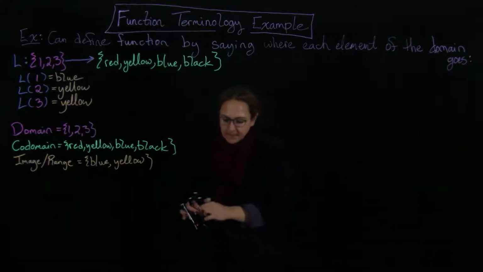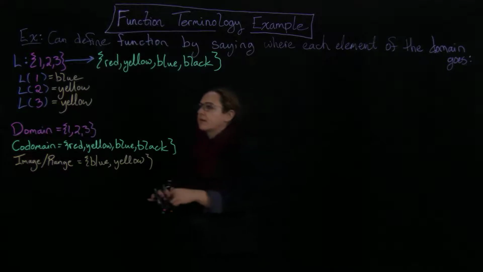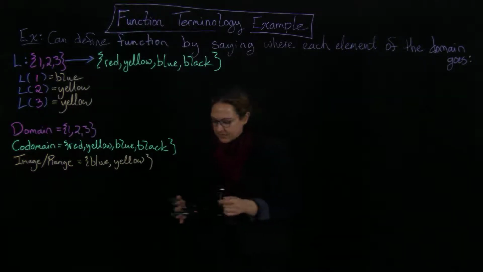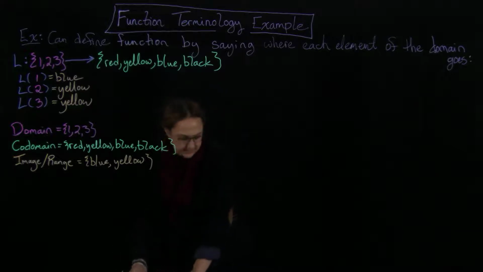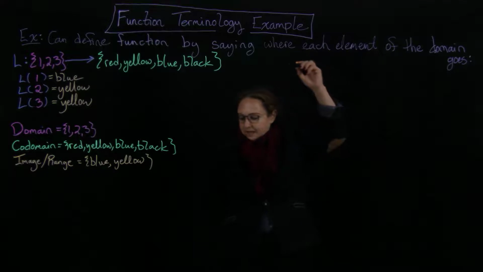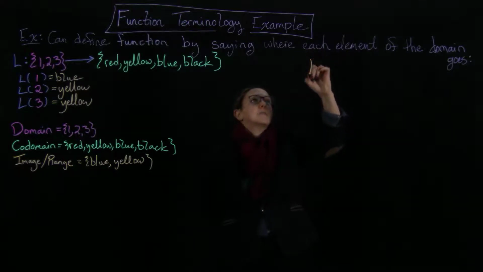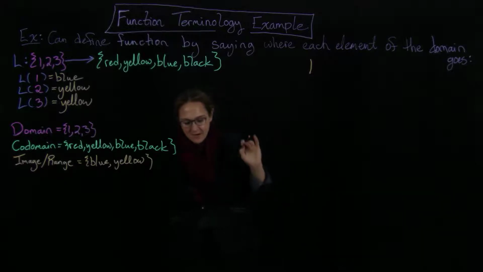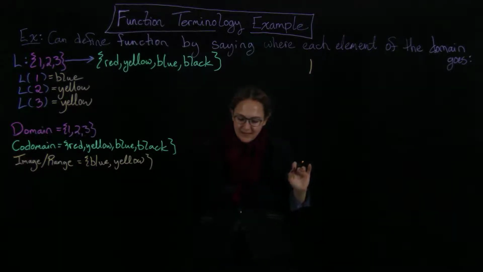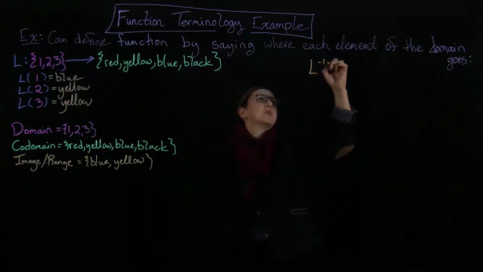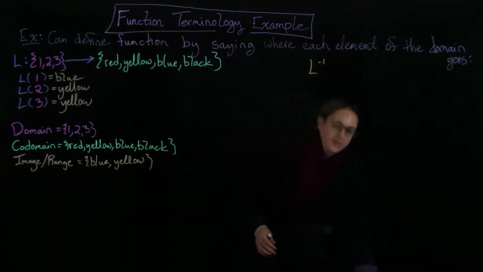Okay. So here's a question. Now remember, I know I'm duplicate using colors, so please don't get too confused by that. If I want to take L inverse of X, we're going to practice with L inverse of X. This is the pre-image.